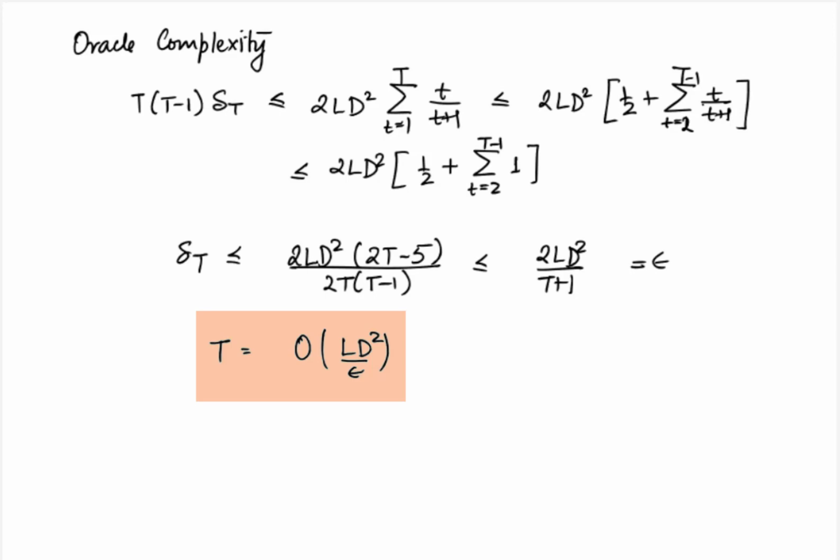For instance, if you use the formula that summation of t from 1 to capital T minus 1 of t by t minus 1 is approximately equal to T minus log T minus half, then you would get a slightly better bound, since log and the constant terms are subtracting from T. In general, when T is large, these terms are not important. So this concludes the proof and the oracle complexity.